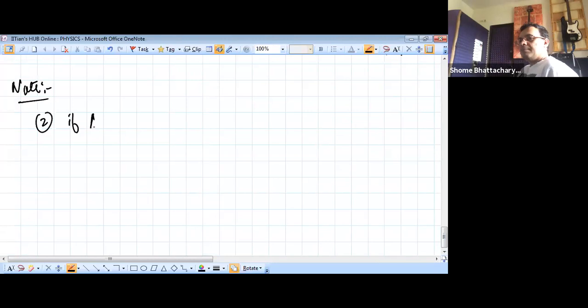If the amplitudes of the two waves, y1 and y2, are the same, then we can simplify this formula a little bit.